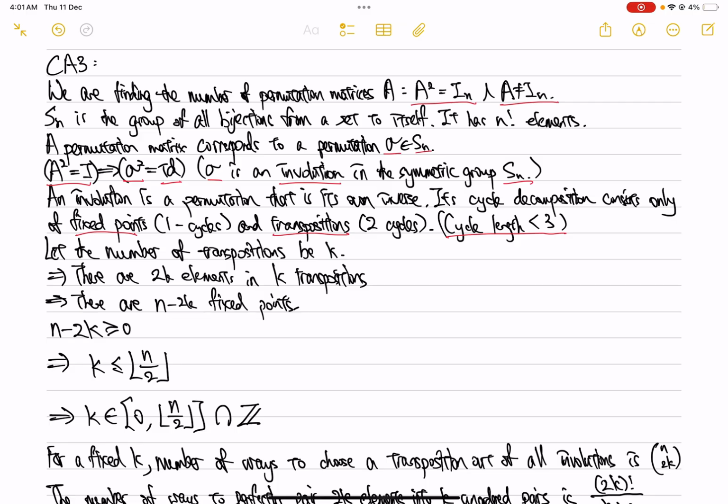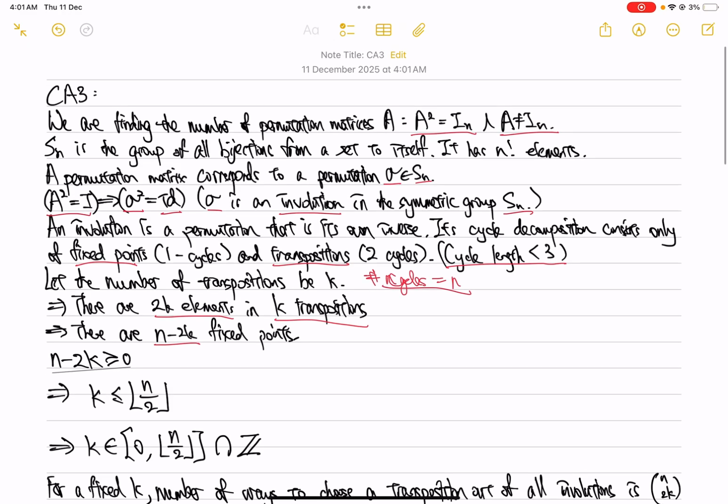Here, let the number of elements be n, and the number of transpositions be k. There will be 2k elements in the k transpositions, and also n minus 2k fixed points.